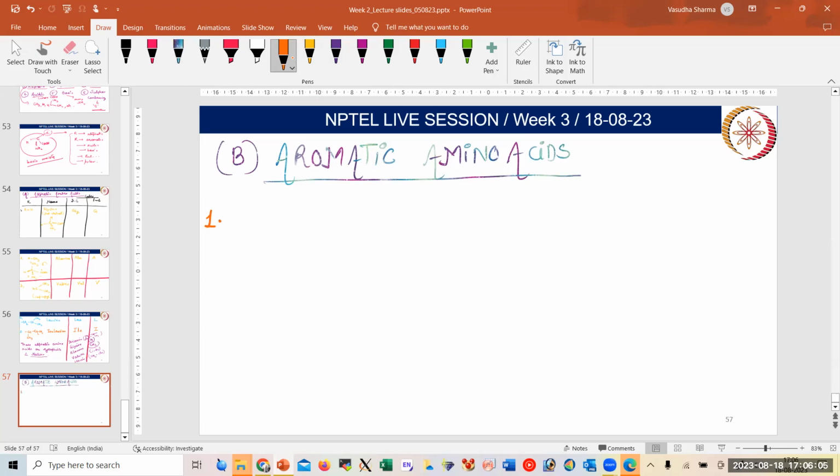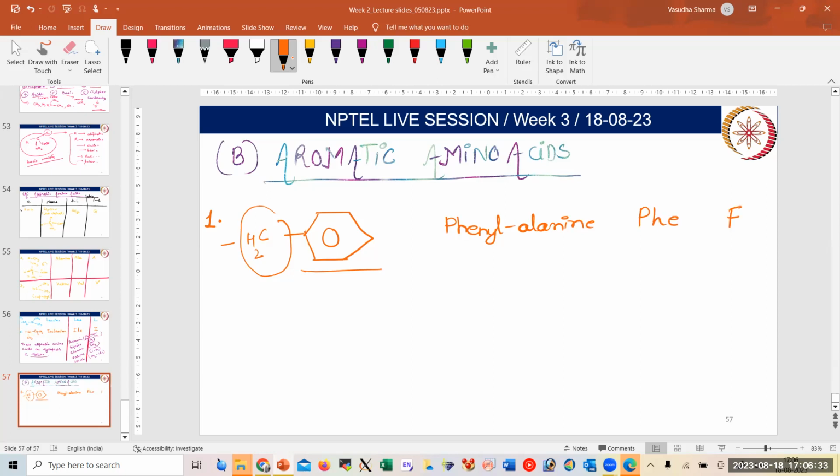The first one we have is this aromatic group with CH2 connected, and this CH2 is your R group. The name is phenylalanine. Nothing to mug up, because this simple CH3 was your alanine, and now phenyl is being attached. That's why it becomes phenylalanine. The three-letter code is PHE, and the one letter is F, not P. So be very careful when you are writing these.